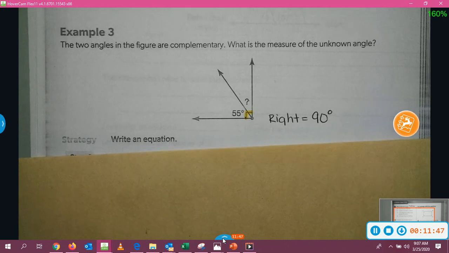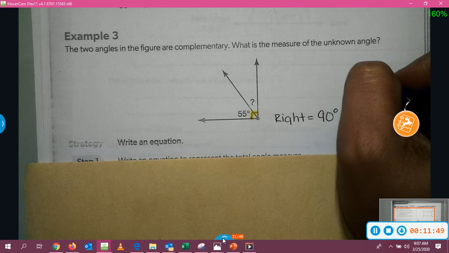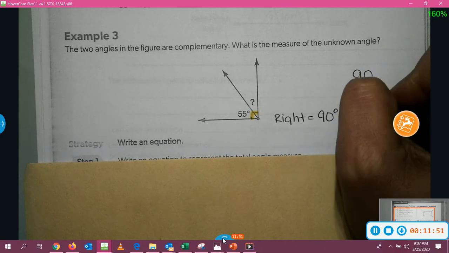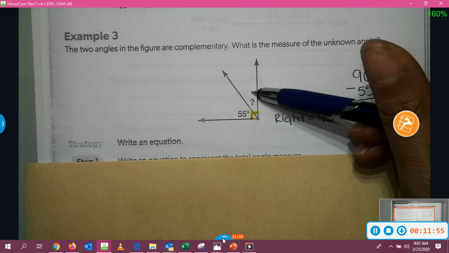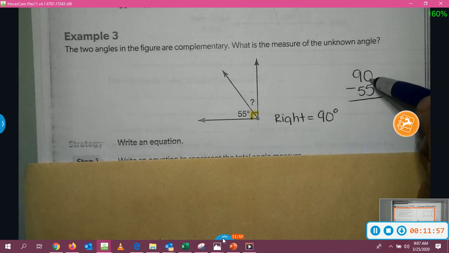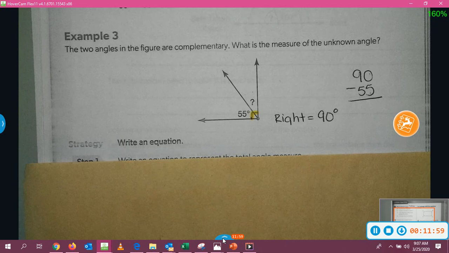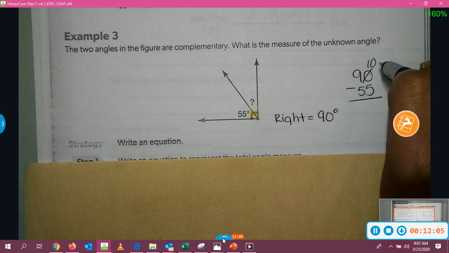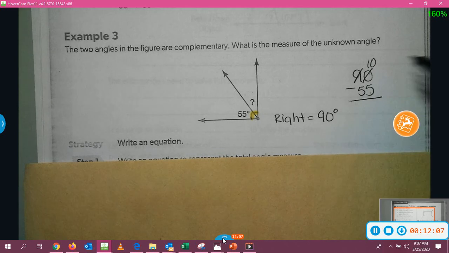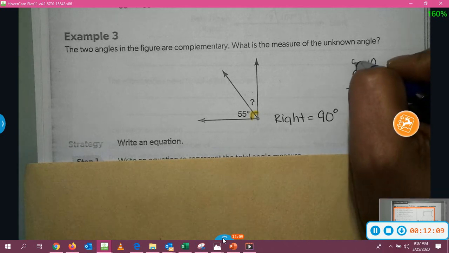Right. You would take 90 degrees minus 55 degrees, which will give us the measurement of this angle. So let's go. Can we take 5 from 0? We cannot. So this 0 becomes 10, right? You're absolutely correct. And this 9 becomes what? Exactly, 8.